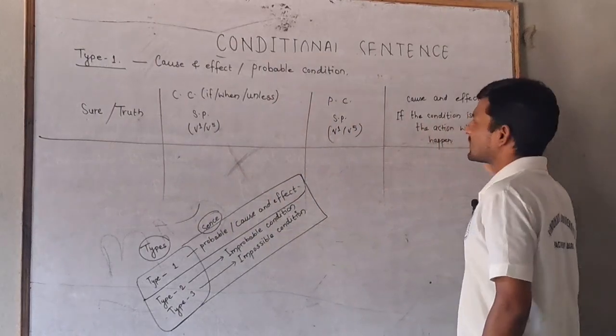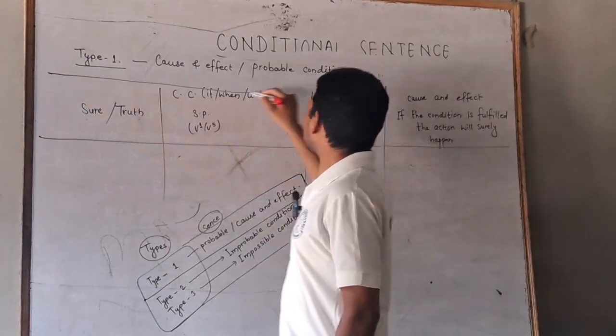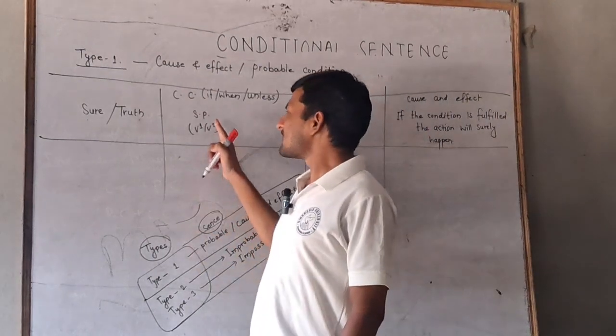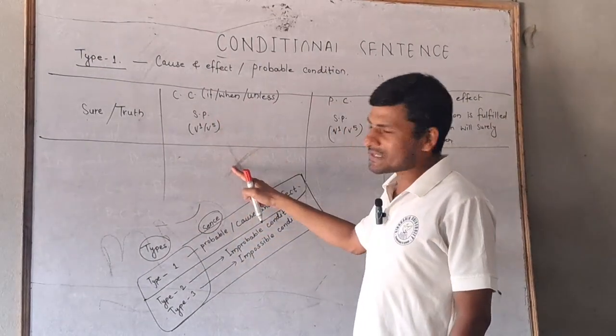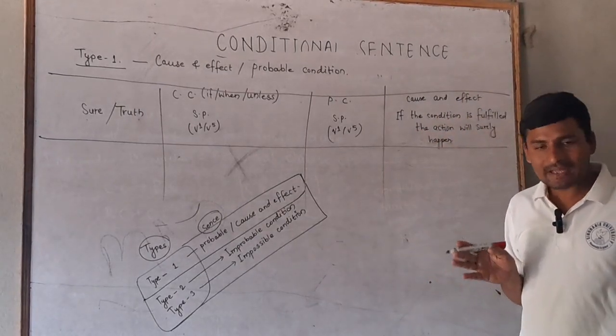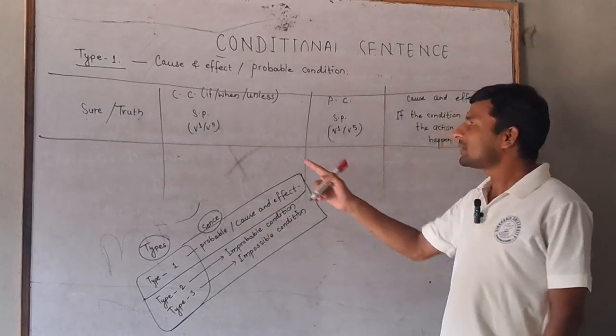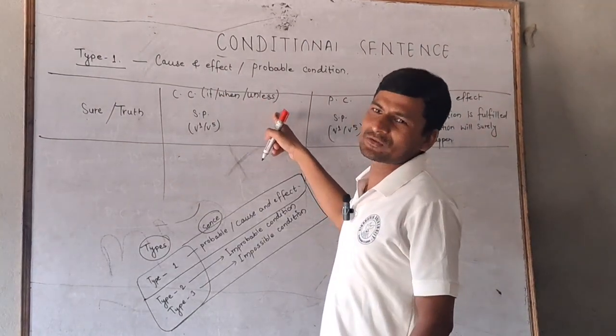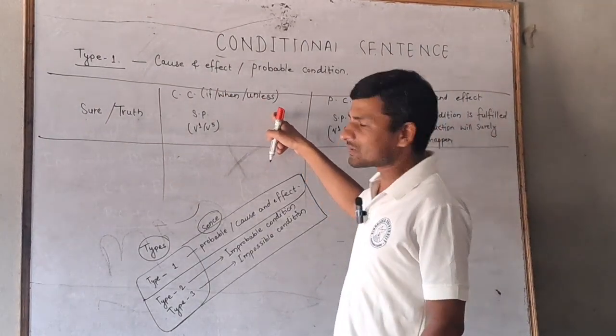Then in CC, my dear students, always you should understand that simple present tense, simple past tense and past perfect tense come in the conditional clause. As I have already told you, with these types of time clauses, any future never comes on this side.